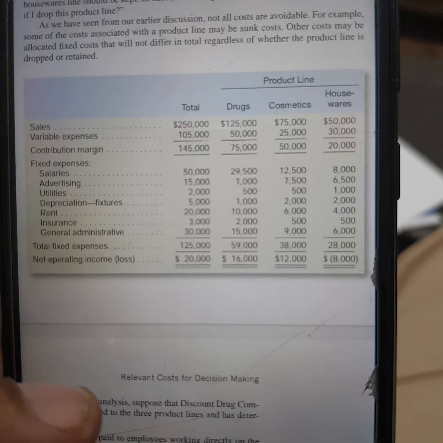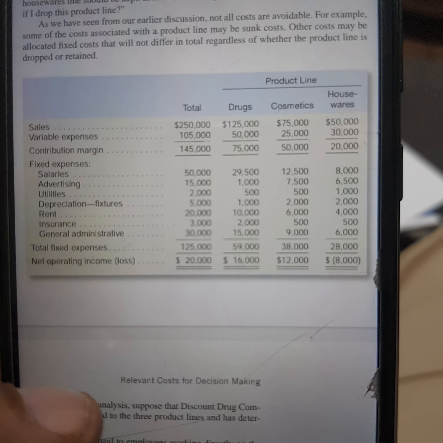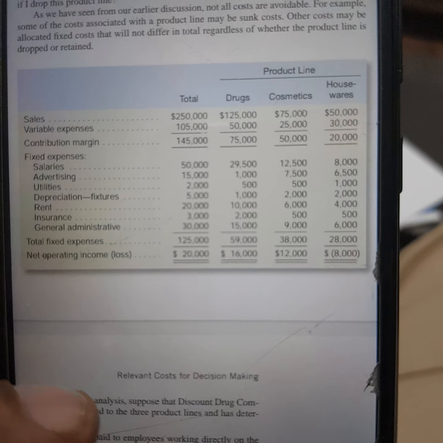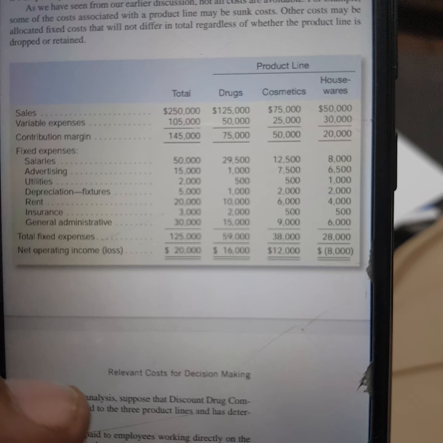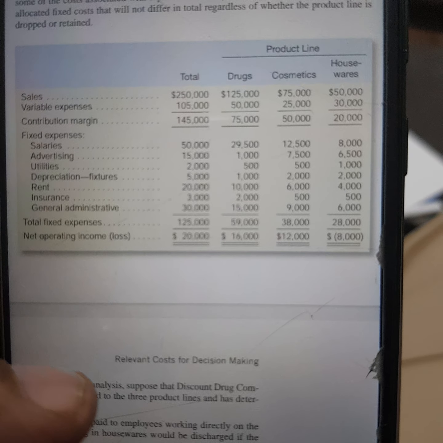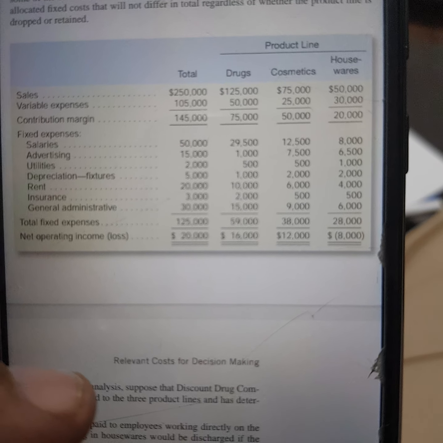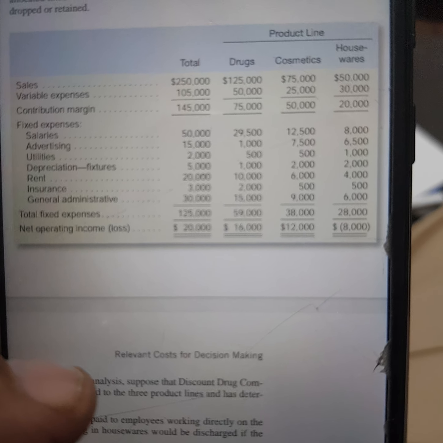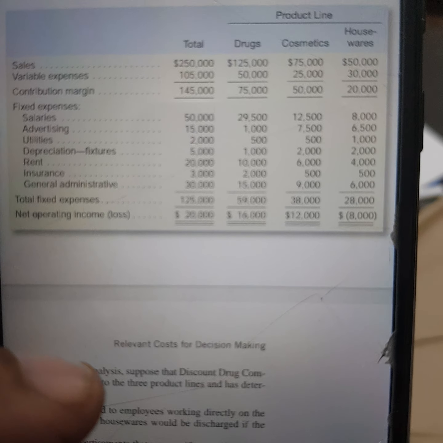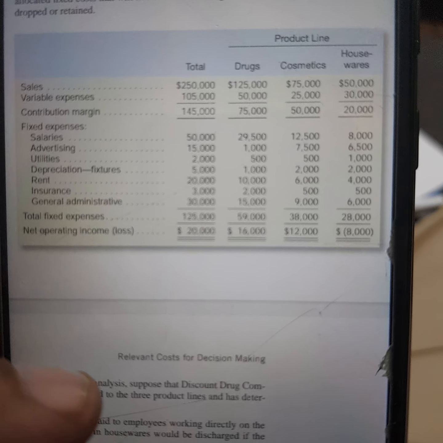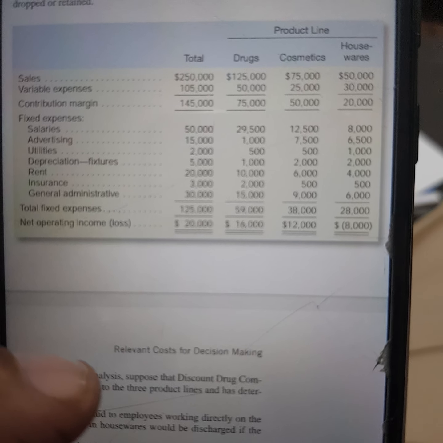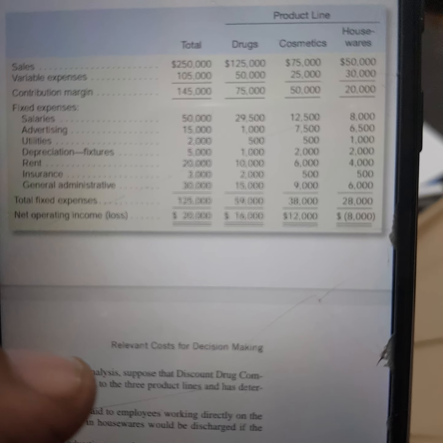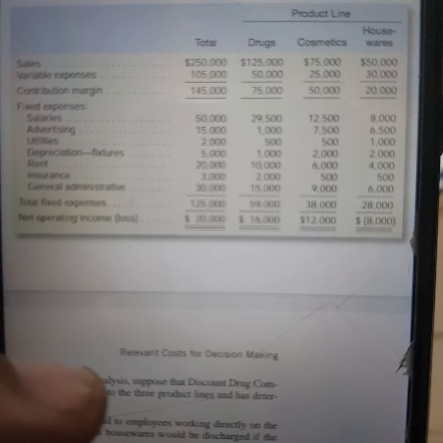If you see that in housewares the sales are 50,000, the variable expenses are 30,000, our contribution margin after deducting this is 20,000. Our fixed expenses are salaries, advertising, utilities, depreciation, fixtures, rent, insurance, general administrative expenses: 8,000, 6,500, 1,000, 2,000, 4,000, 500, 6,000.